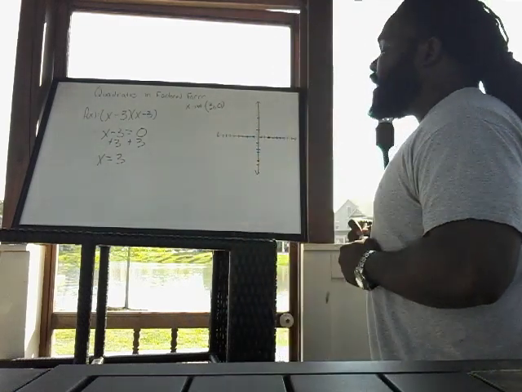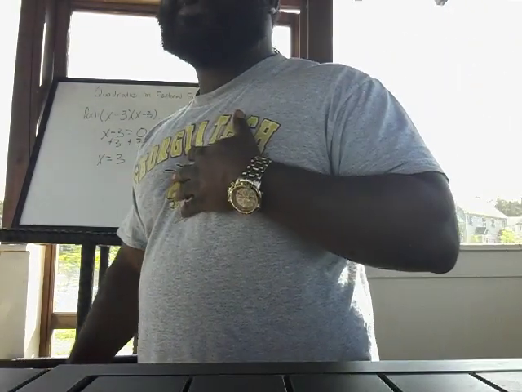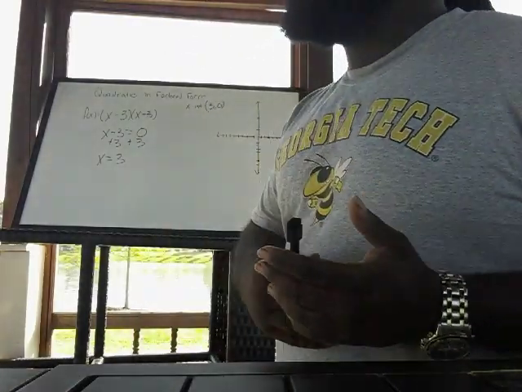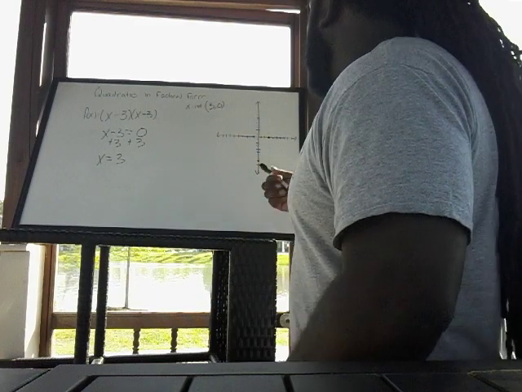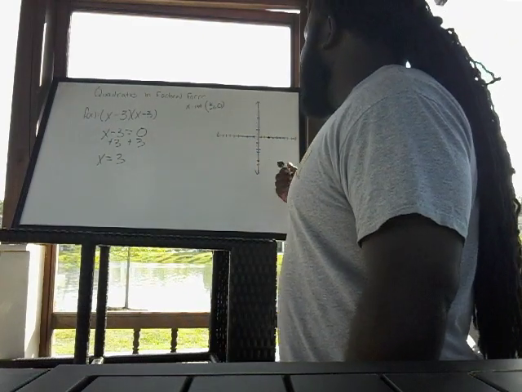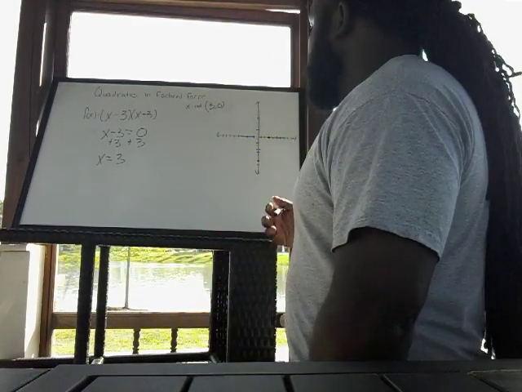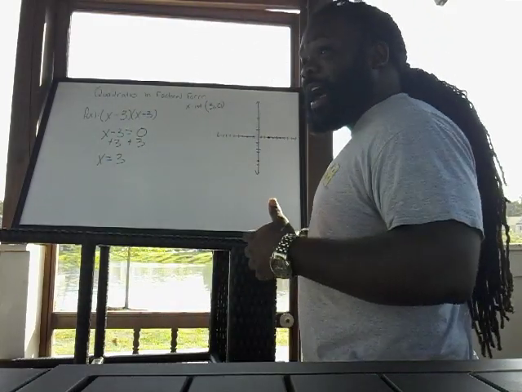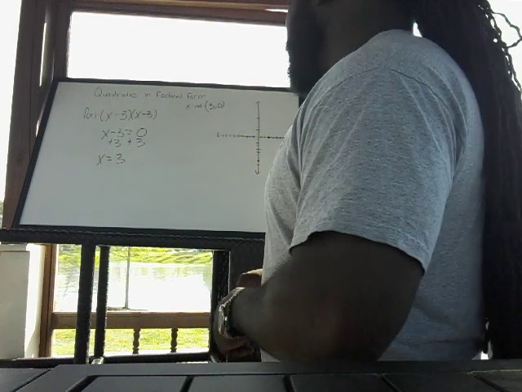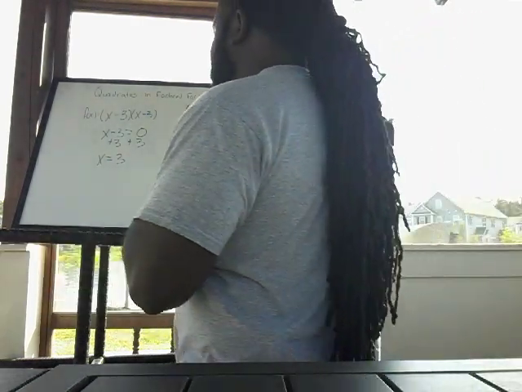How do I know that's going to be a vertex? So let's say that I want to use the steps that you were just taught. Well, the only x-intercept that I have right here is 3. So we don't have a middle point, which means that I will plug in 3 right here to find my y value for my vertex, because 3 is my middle point.